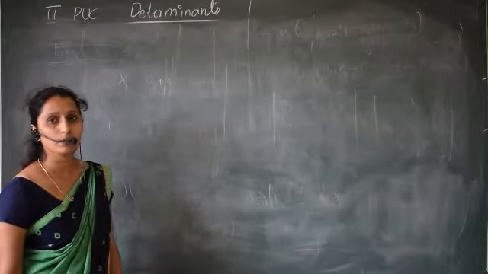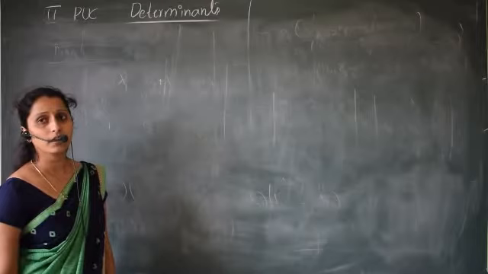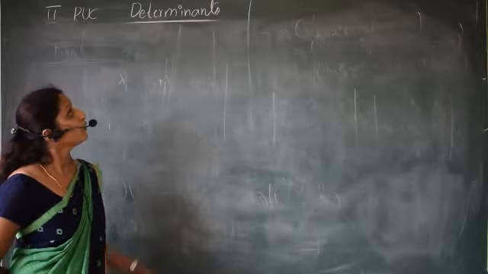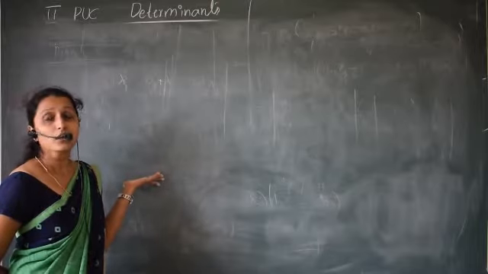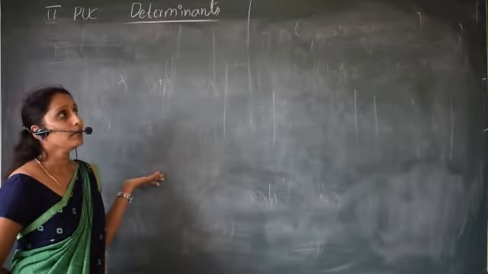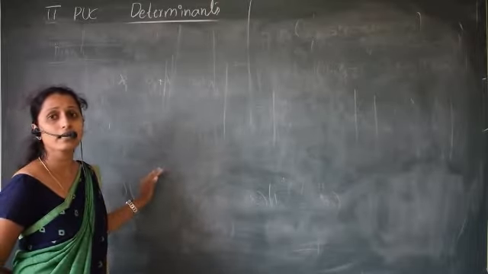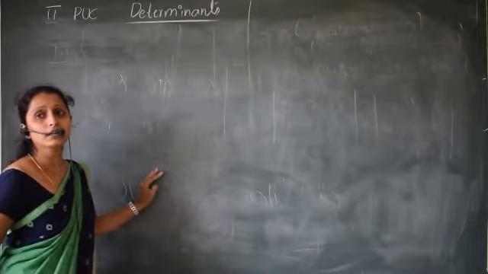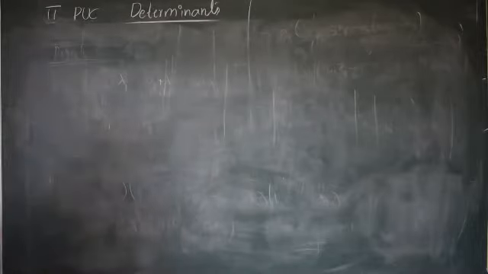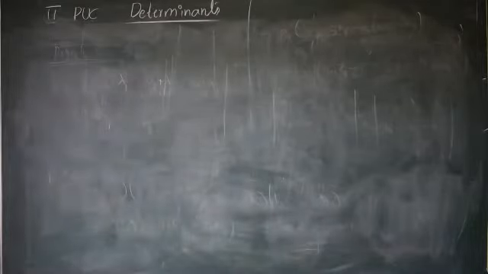So here also, if to each element of a row or a column are added equi-multiples of the corresponding elements of another row, then the determinant value does not change.